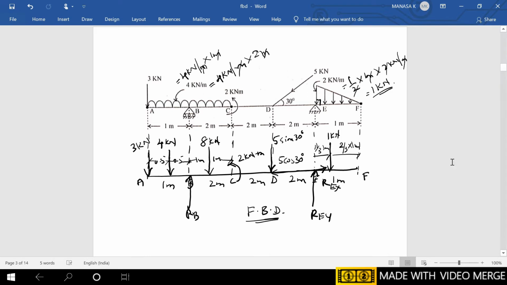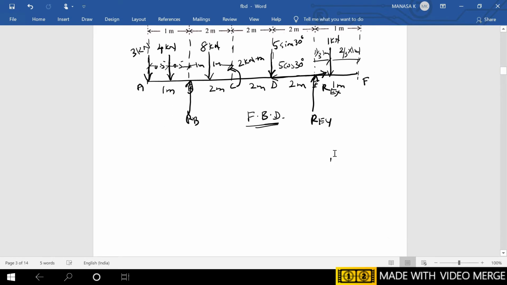Next we apply the conditions of equilibrium, starting with sigma H equal to 0. Collect all the forces that are acting in a horizontal manner. In the figure, as you can see, this 5 cos 30 is towards the negative x-axis, and REX we have assumed as towards the positive x-axis.